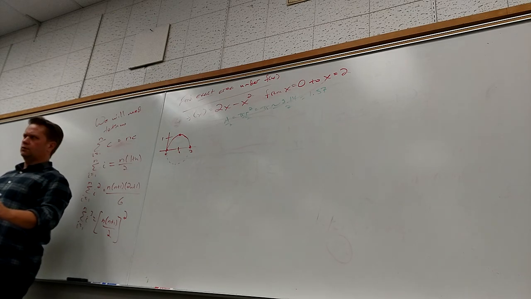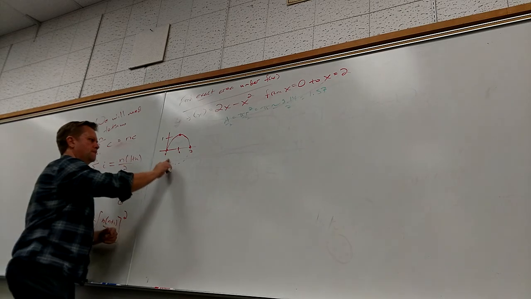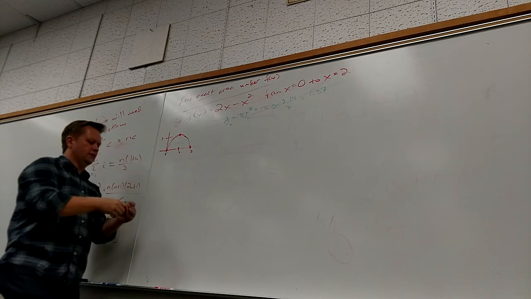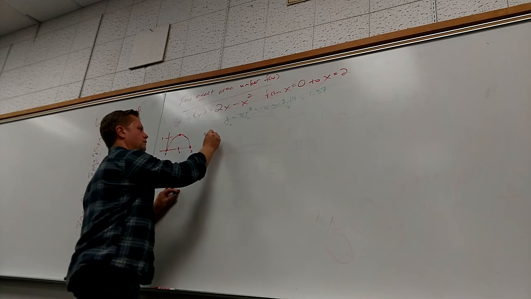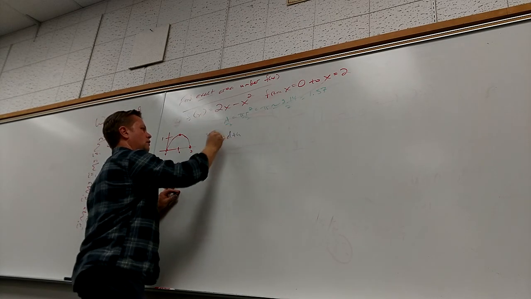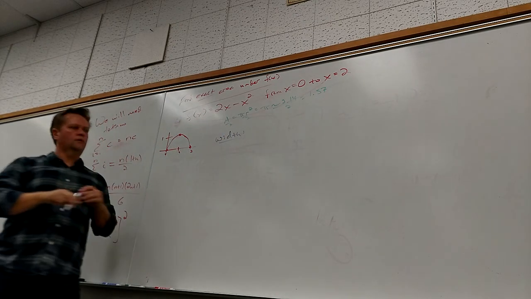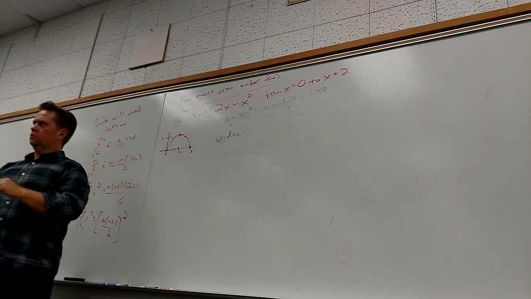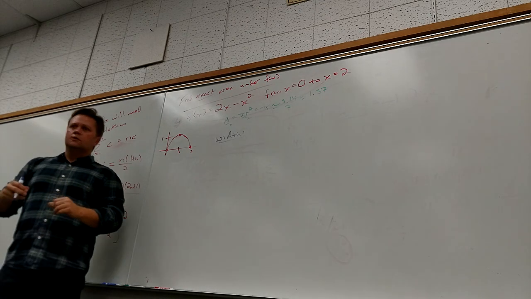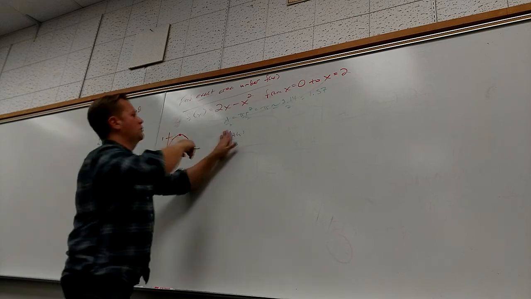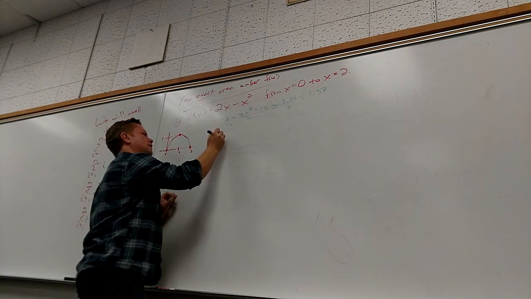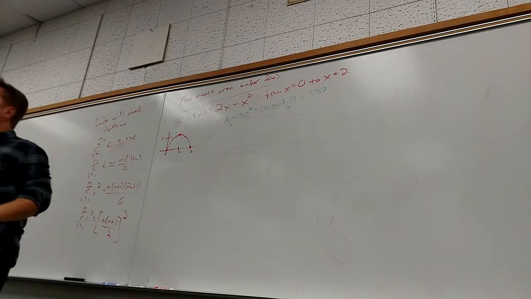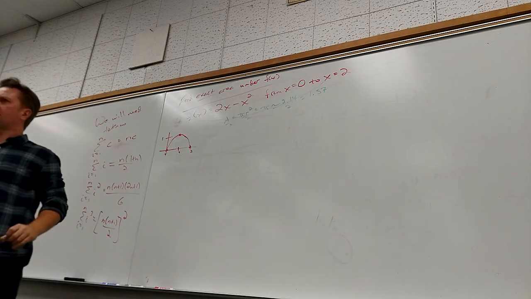Okay, so first thing is, what is the width? How many rectangles are we going to use? An infinite number, true, but that's when I take the limit. So before I take the limit, how many rectangles am I using?